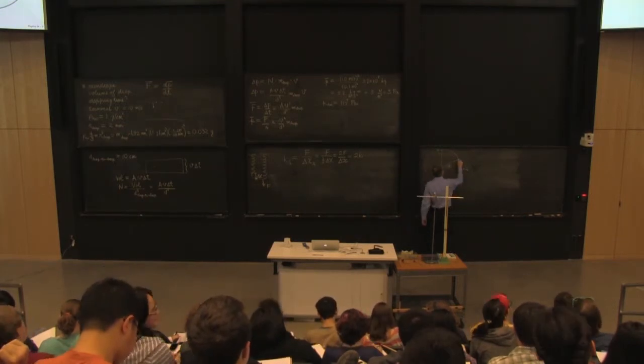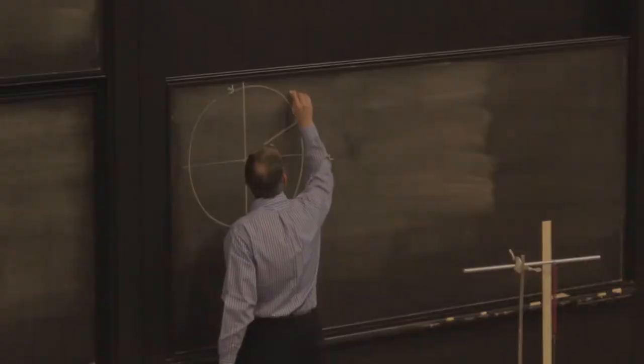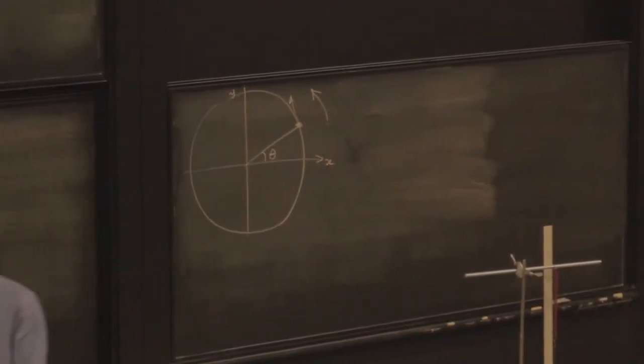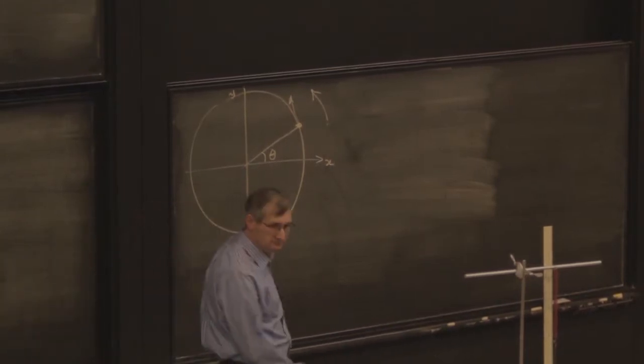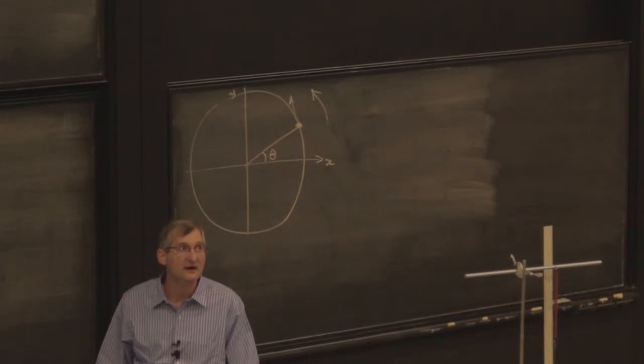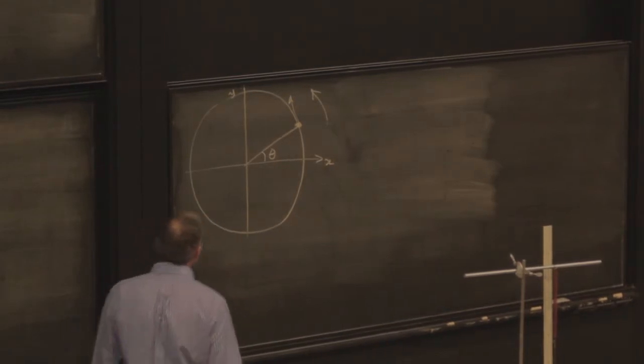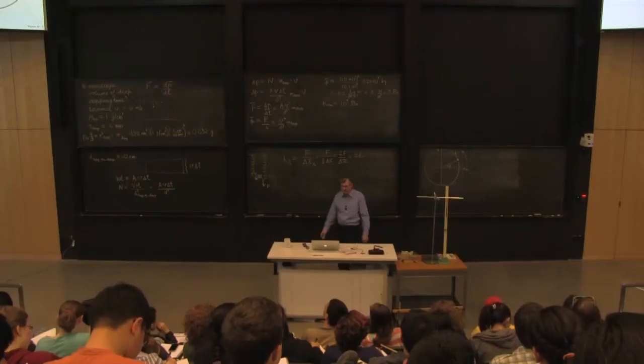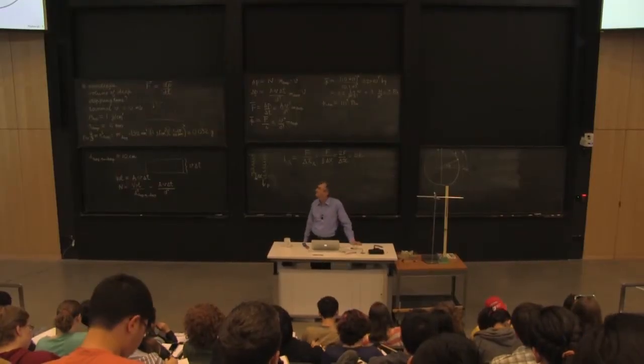So here I have a particle that's going to be moving around at constant speed. How fast is the angle theta changing if the speed of the particle is v?